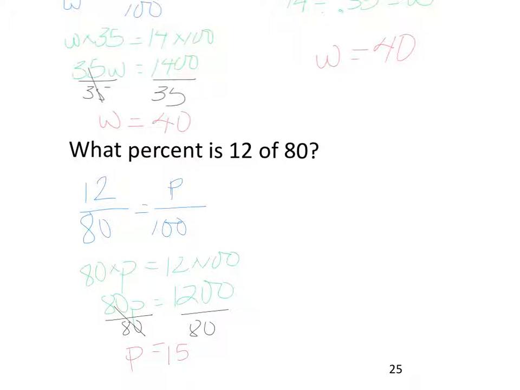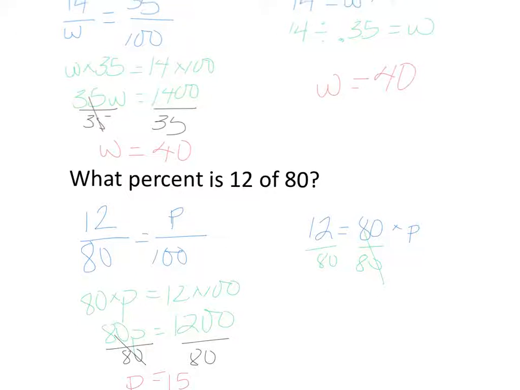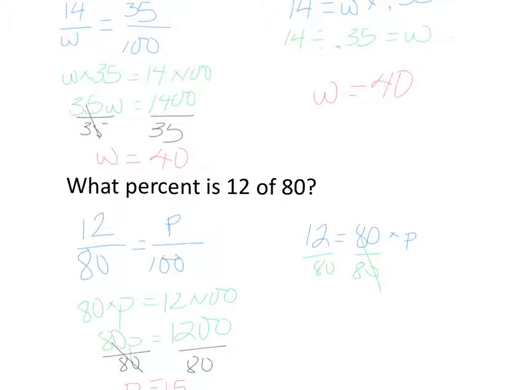If we would rather do it as an equation, the part, 12, equals the whole amount of 80 times our percent. We come in and we divide 12 by 80. So I've shown you how to write divide two different ways between the last one and this one. Whichever way makes you happy, feel free to go with that.